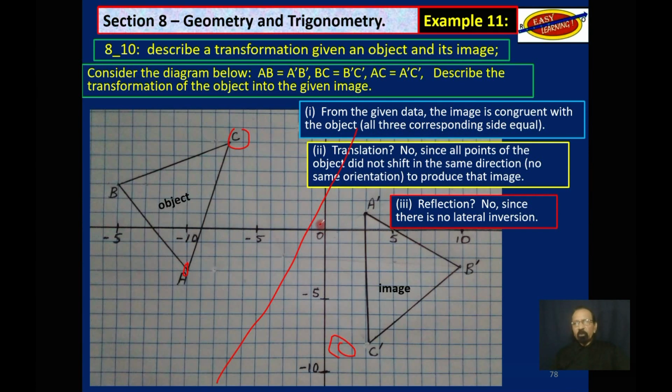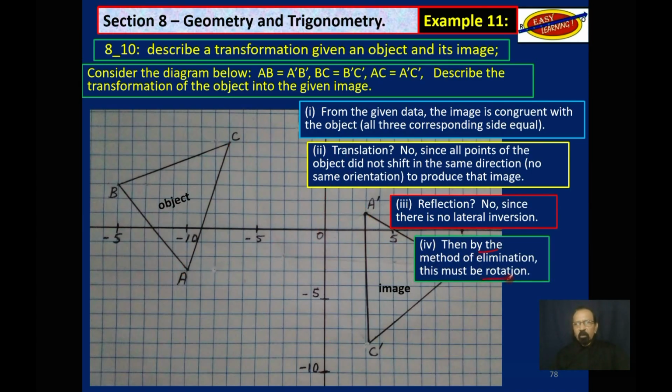If the reflection took place at this point, then yes, that A would become A prime up there, but then those two distances would have to be the same. The image distance would have to be the same as the object distance. We don't have that here. So it's not reflection.